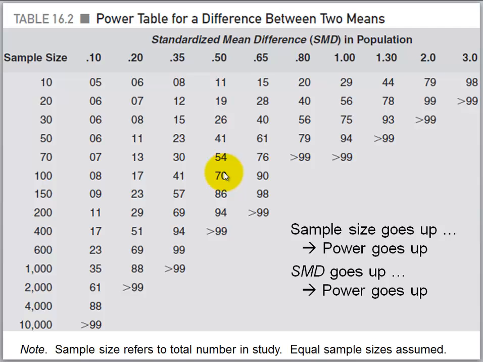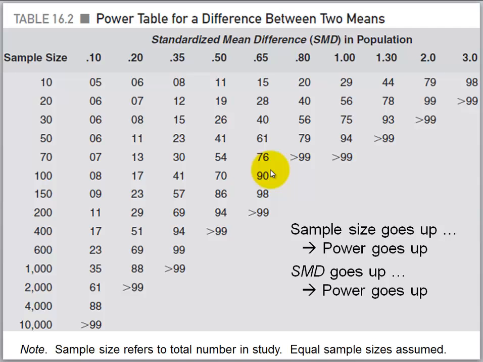Now suppose, on the other hand, that we think that the difference in our population is not 0.50 standard deviations, but we think that treatment A exceeds treatment B by 0.65 standard deviations. Well, then what's our power, given that we continue to have 50 in each group, a sample size of 100? Now our power has gone up to 0.90.